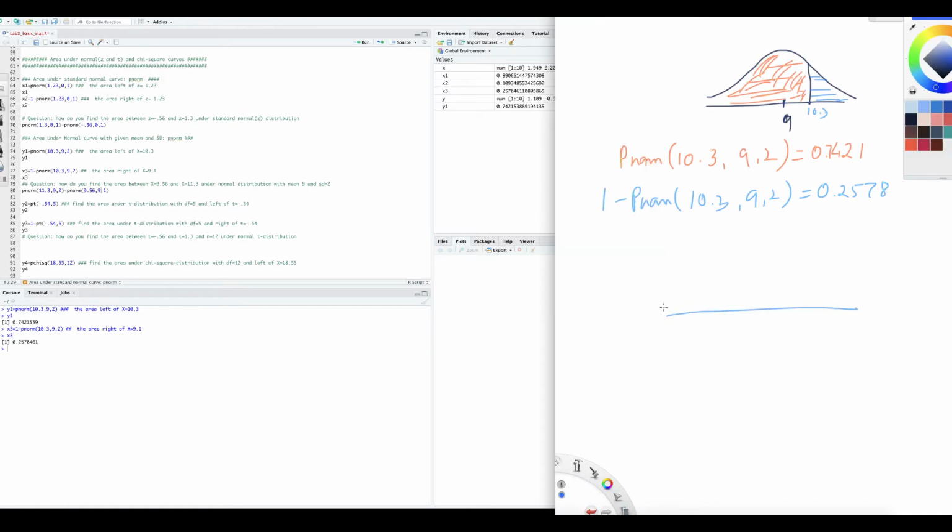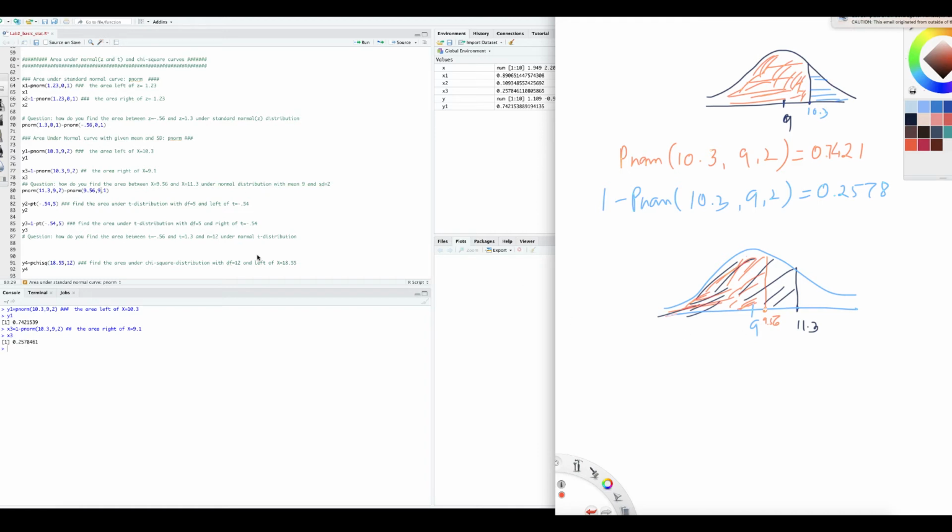Because you have a normal distribution, mean is 9, right? So when you do the pnorm 11.3, it will find out all the area left, okay. And when you do the pnorm 9.56, maybe somewhere here, right? You are finding all the area left of that. So if you subtract the orange area from that black area, what you get is the area between 9.56 and 11.3.